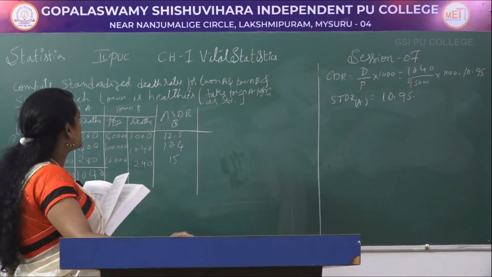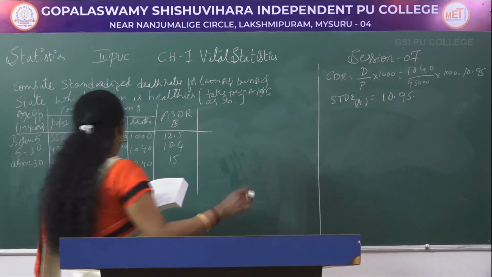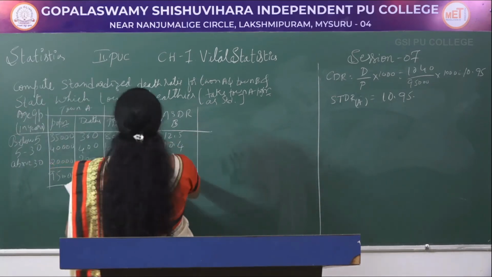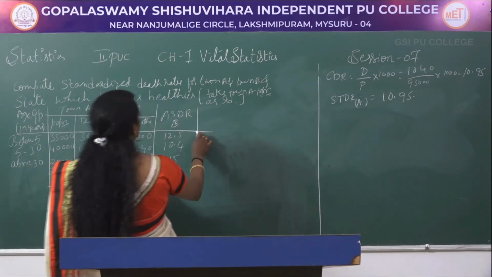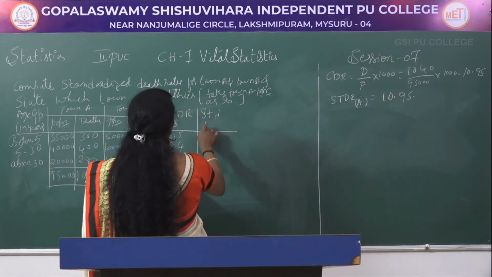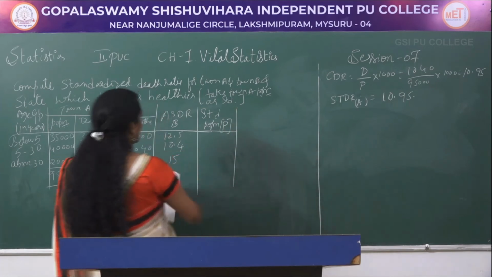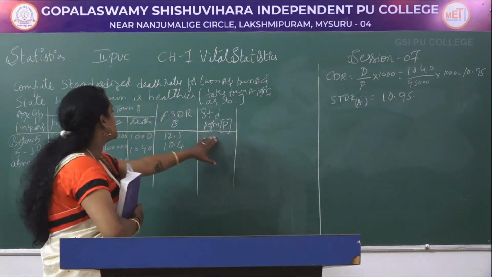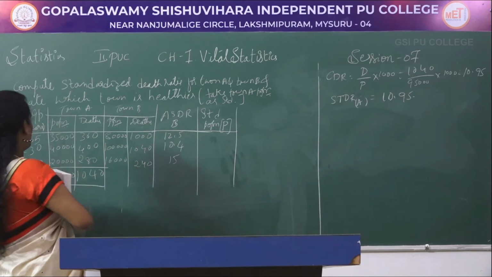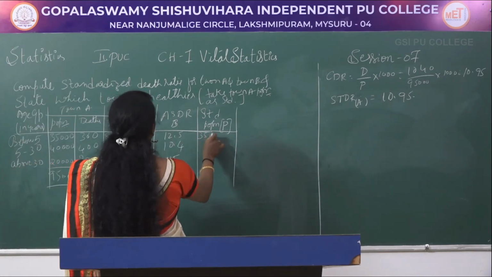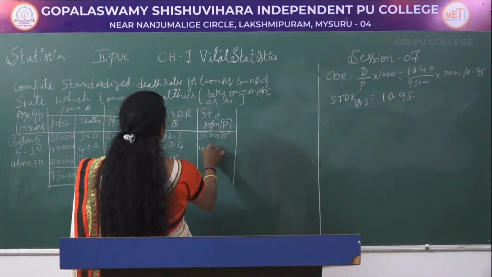So these are the values for ASDR for town B. Next, here the standard population is nothing but town A. So once again I will write down the standard population. Standard population is P, and this standard population is nothing but town A population. I am rewriting this one.